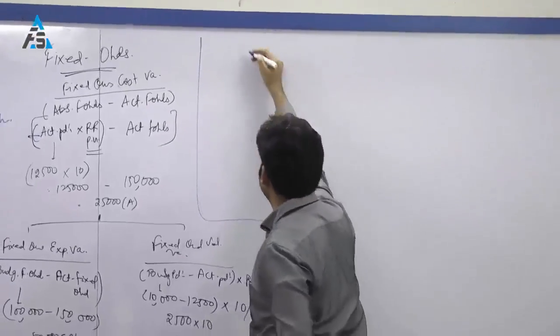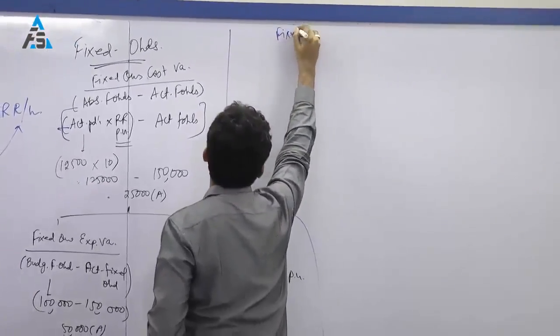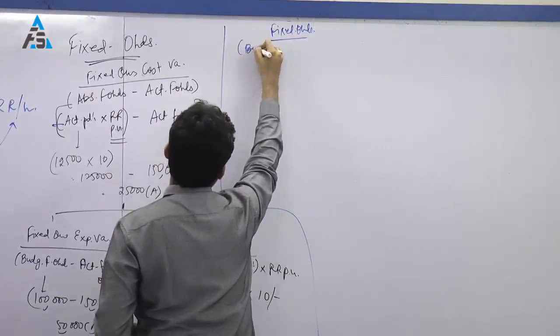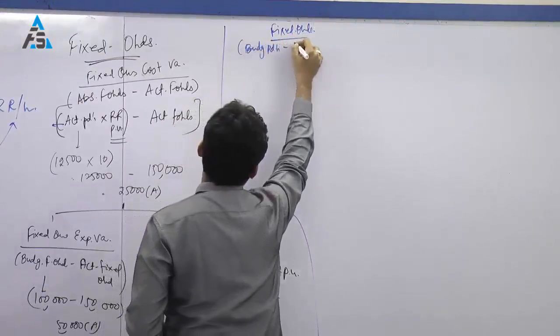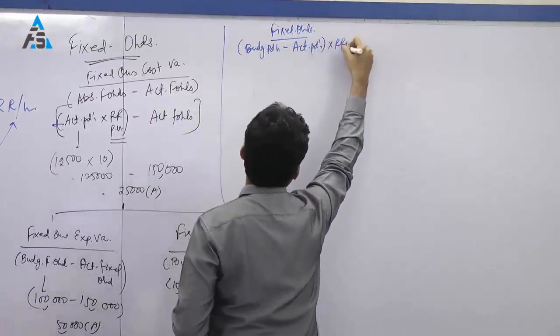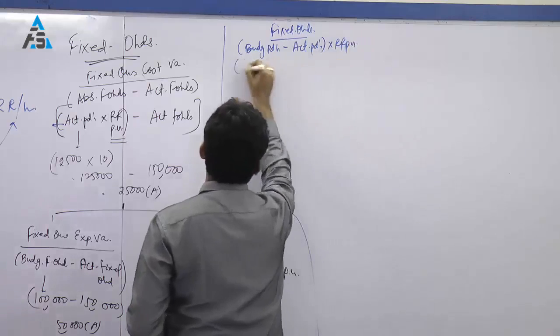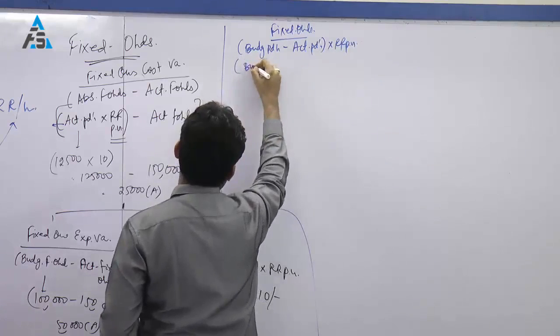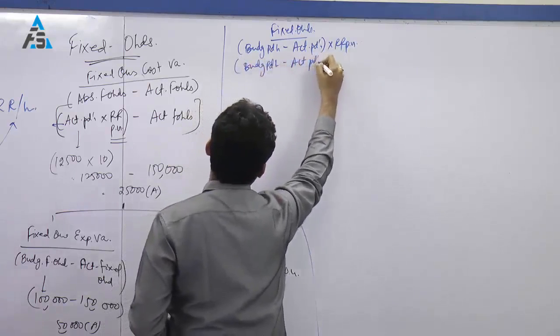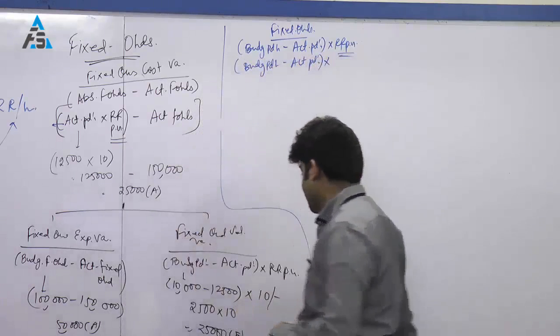Now moving ahead, the same thing applying for fixed overhead. So just pay attention. Fixed overhead volume variance, in terms of output, is written as budgeted production minus actual production into recovery rate per unit.